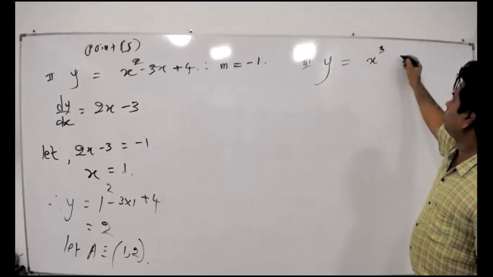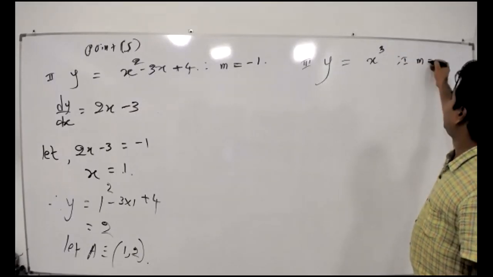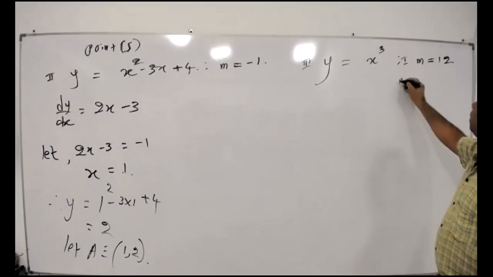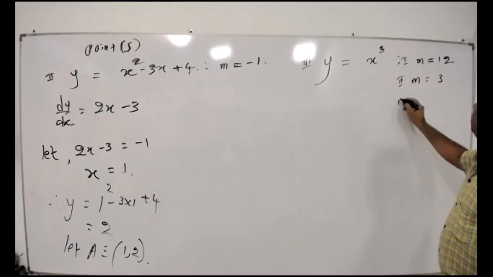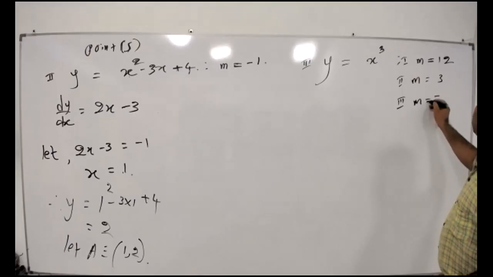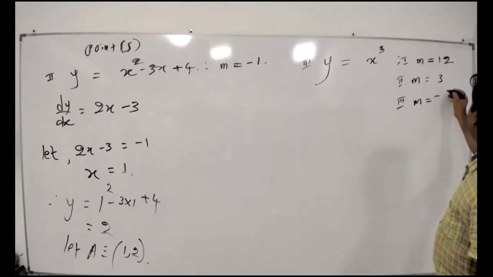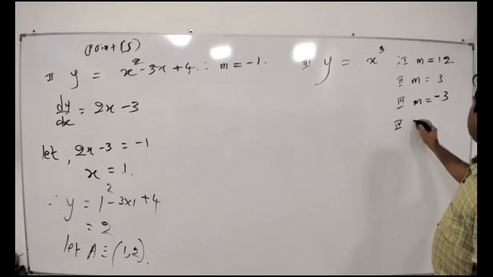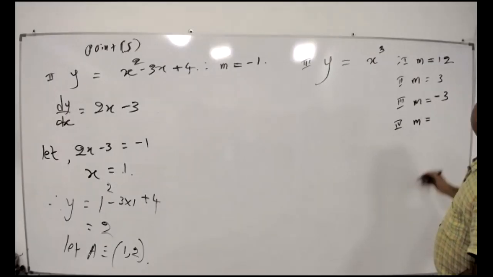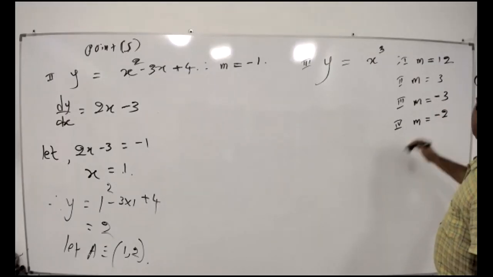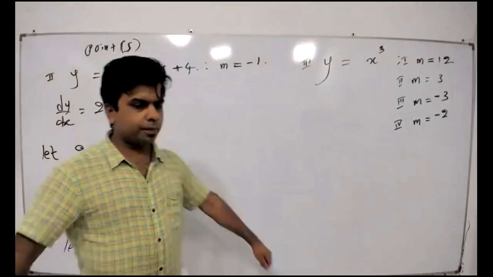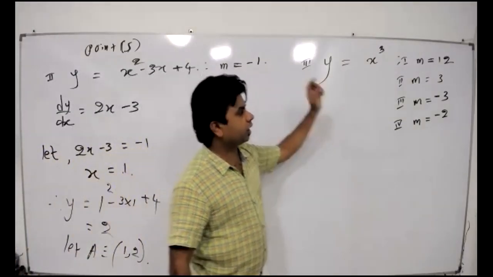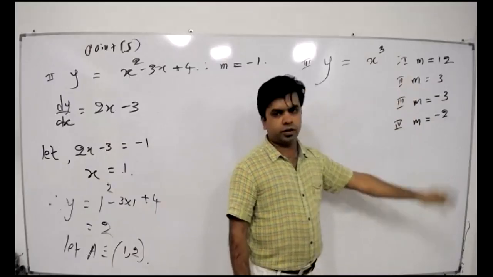The first gradient is 12, the second gradient is 3, the third gradient equals minus 3, and the fourth gradient equals minus 2. Now, the third question is an example with 4 parts. We want to find the points on the curve corresponding to these gradients.